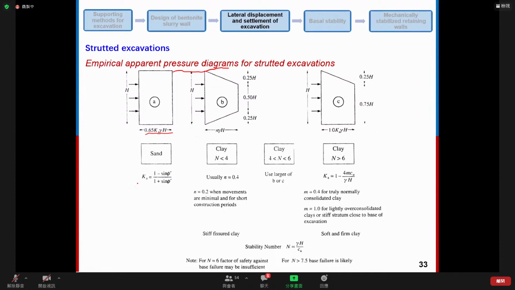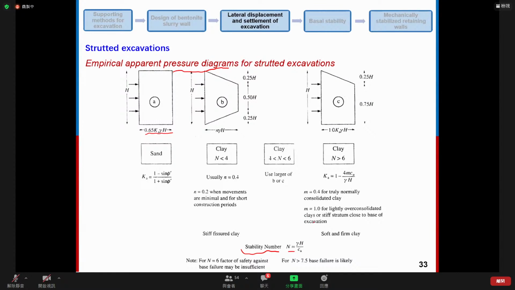And for sand, the active earth pressure coefficient equals 1 minus sine friction angle divided by 1 plus sine friction angle. And for clay, we introduce a so-called stability number N, which is the vertical stress gamma H divided by the undrained shear strength, Cu.